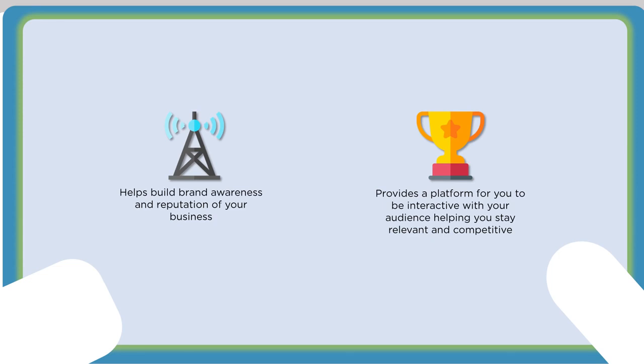And then digital marketing provides a platform for you to be interactive with your audience, helping you stay relevant and competitive. And the best example I can give here is YouTube. YouTube's a search engine for videos, but it's a video sharing platform. And so if I upload a video, then I can entice people to comment on that video or like the video or share the video.